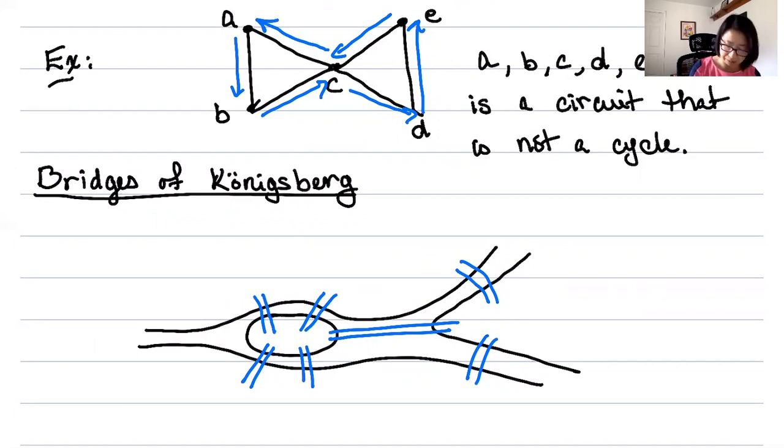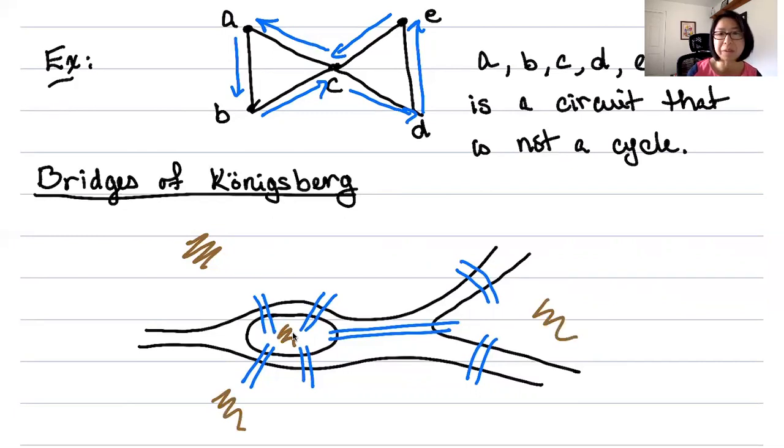There's an island in the center of the river, and then there are 7 bridges in blue. And I'm going to make little brown marks: this is land, this is land, this is land, and that's land. Okay.